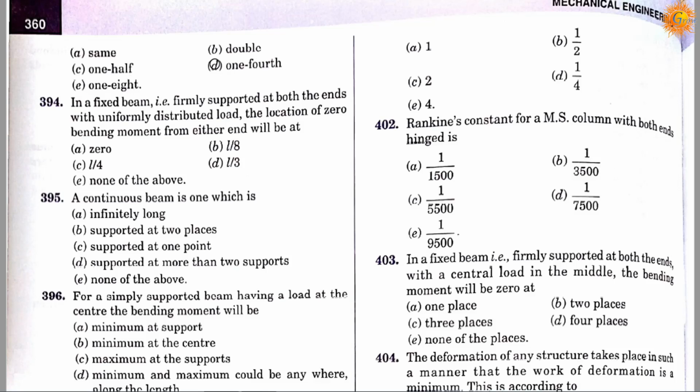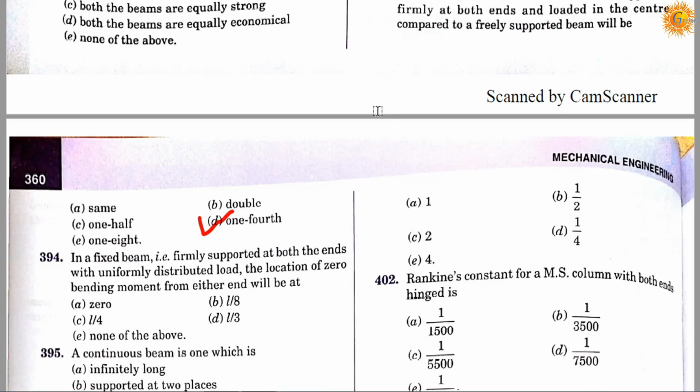So the correct answer is D, it will be 1/4. The central deflection in a fixed beam, compared to a freely supported beam, will be 1/4.